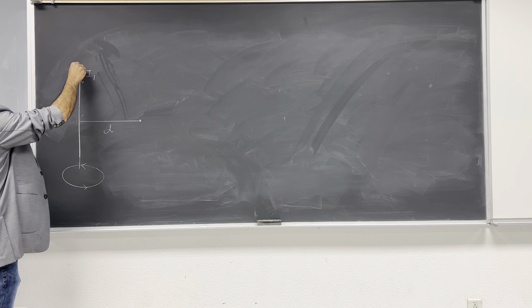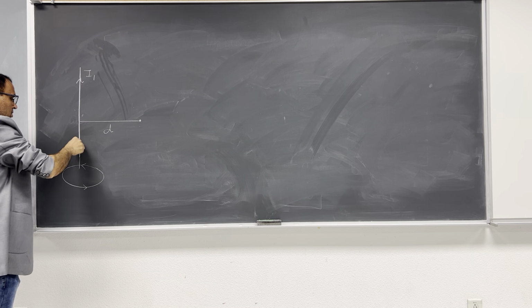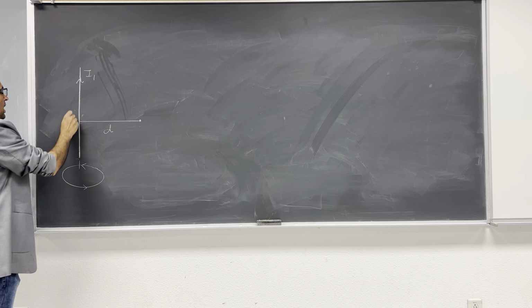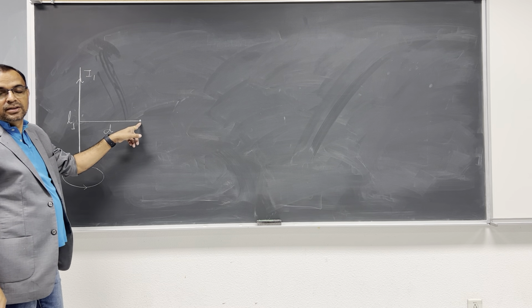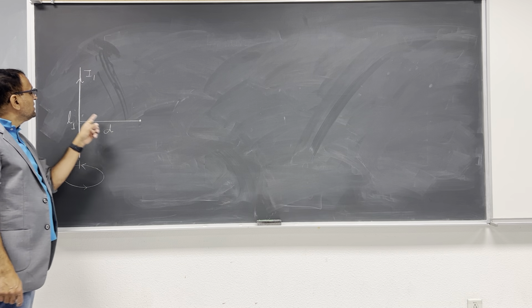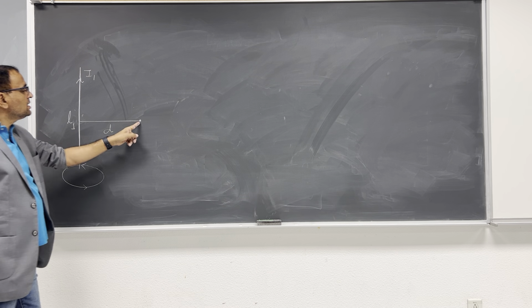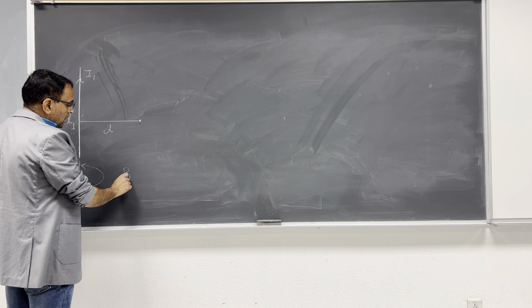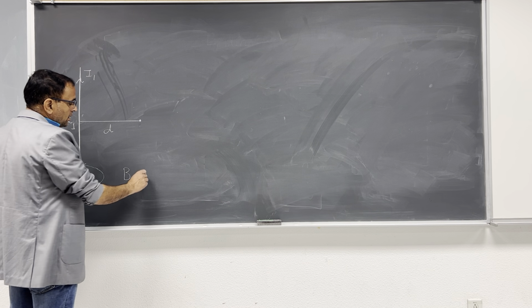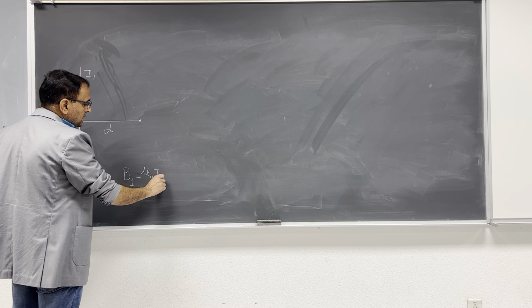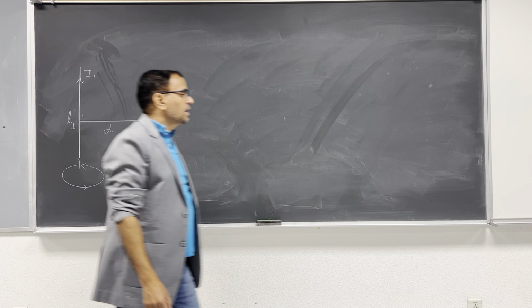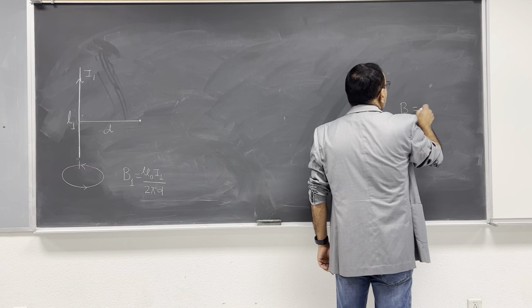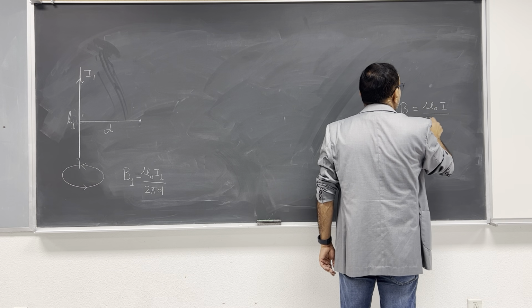Let me call the length of this conductor L1, and you can calculate the magnetic field at this point, right? The magnetic field created by this current I1 at this point, let me call B1. What is the formula? B1 is mu naught I1 divided by 2 pi d, because the formula I gave you is B equals mu naught I divided by 2 pi r.